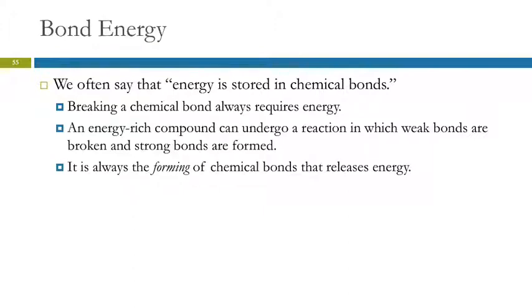The energy actually comes from the forming of bonds. So compounds that burn well, like methane and octane and various flammable things, have some weak bonds that can easily be broken, and then those can form new, stronger bonds, and that's how we get the release of energy.